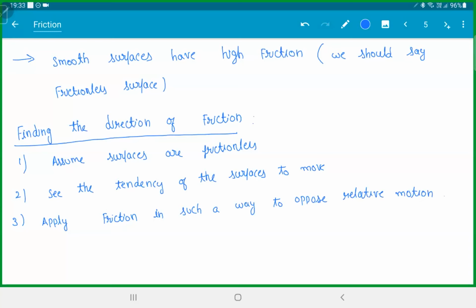One thing I'd like to tell you before going ahead: whenever you have two blocks or two surfaces touching each other, the cold welding joints which we talked about are kind of like springs. Imagine these cold welding bonds are similar to springs connected between the two surfaces.